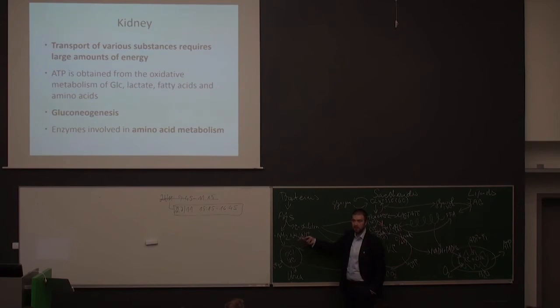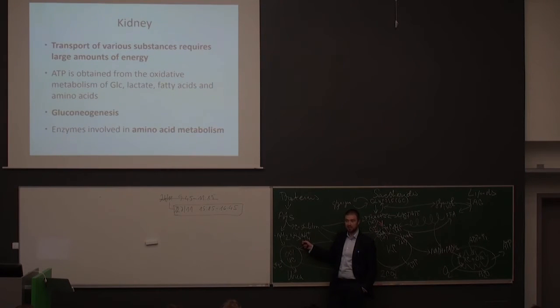If you are healthy and in standard basic condition, around 95% of amino nitrogen is converted to urea, and only 5% to ammonium. But in some specific conditions, the kidneys can change this ratio to 50 to 50.